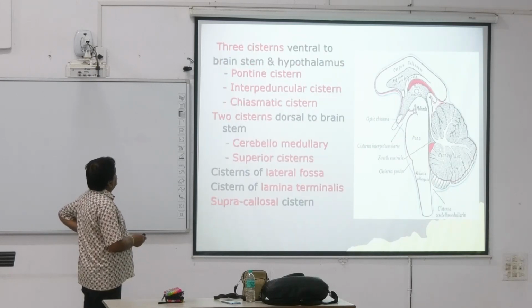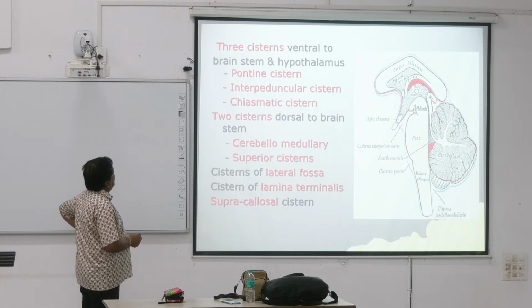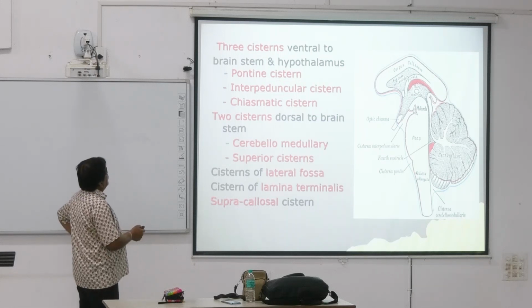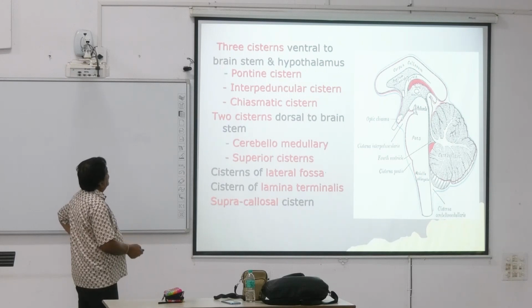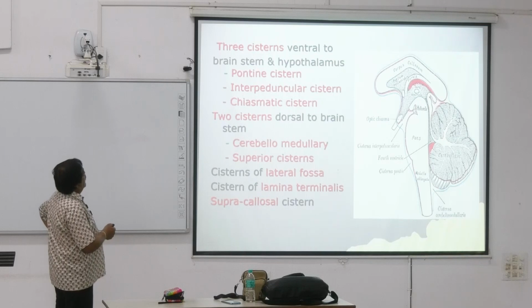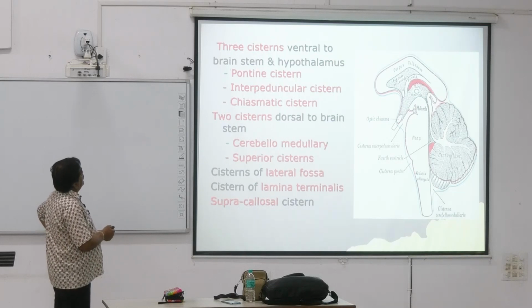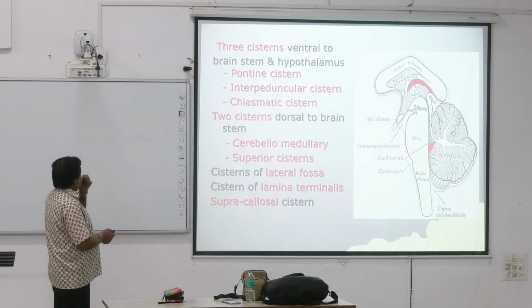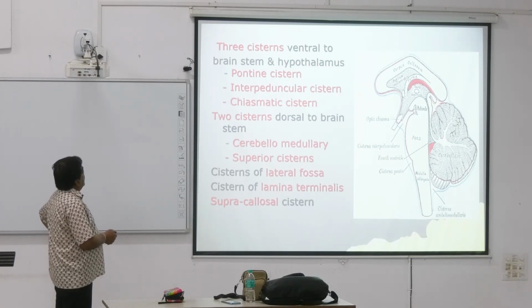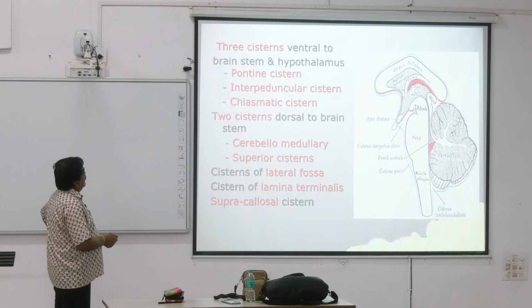Now, three cisterns lie ventral to the brainstem and hypothalamus. This is the brainstem: the pontine cistern, interpeduncular cistern and chiasmatic cistern. Two cisterns lie dorsal to the brainstem: the cerebellomedullary and superior cistern.